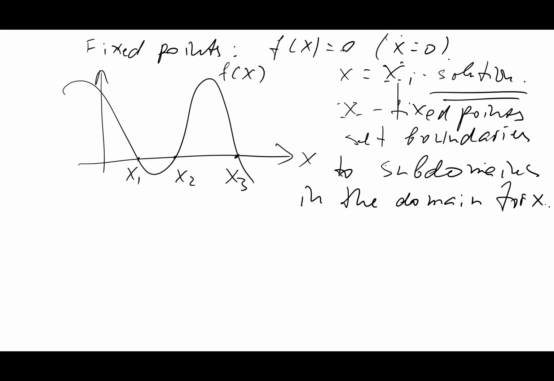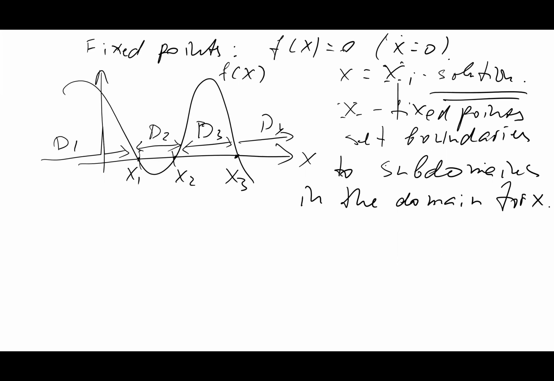So for example, this subdomain is D1. This is D2. This is D3. And this is D4. So we have, in this particular case, 4 subdomains.